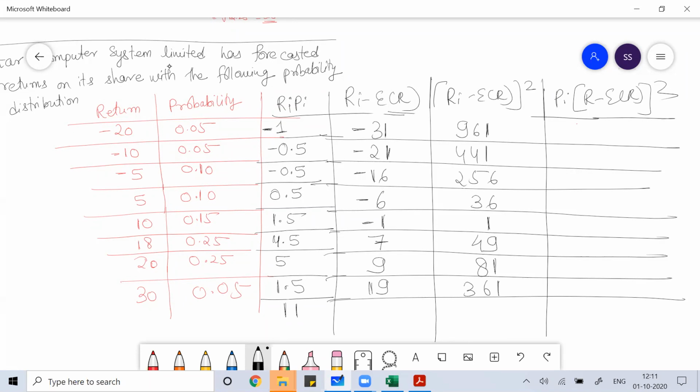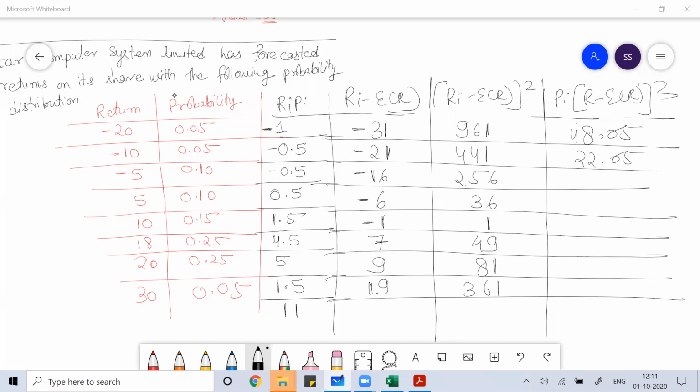Now multiply with probability. So 961 multiply with probability, 961 into 0.05 will get 48.05. Then 22.05.